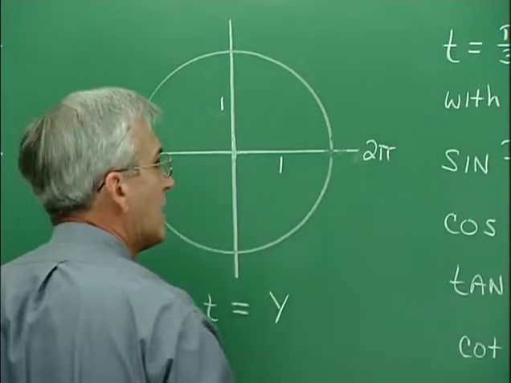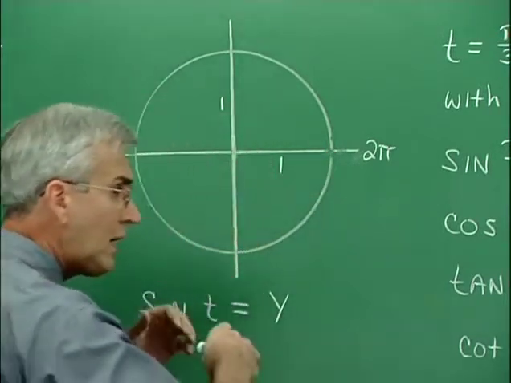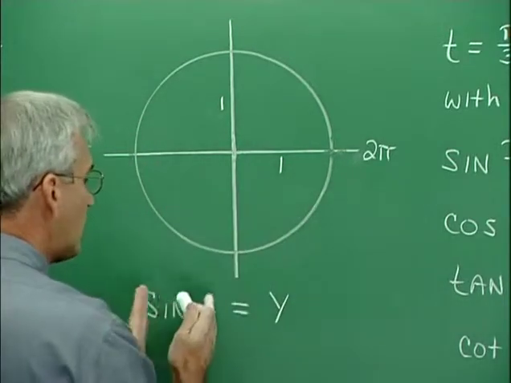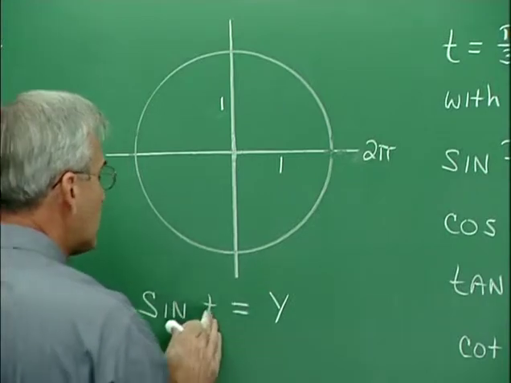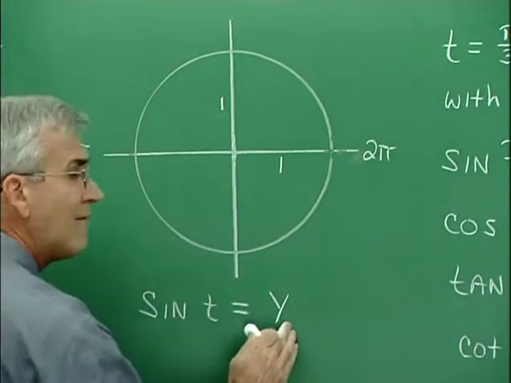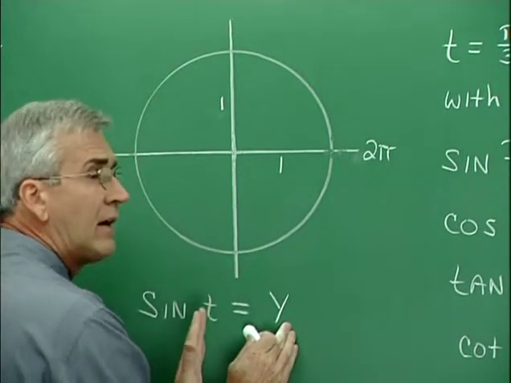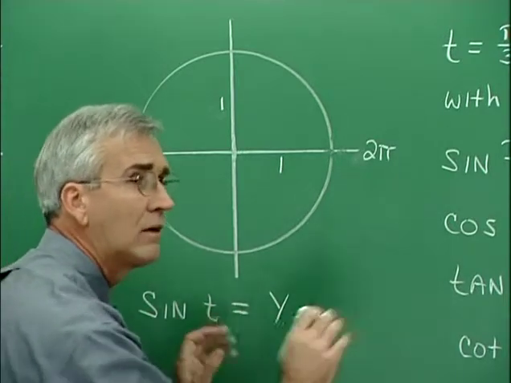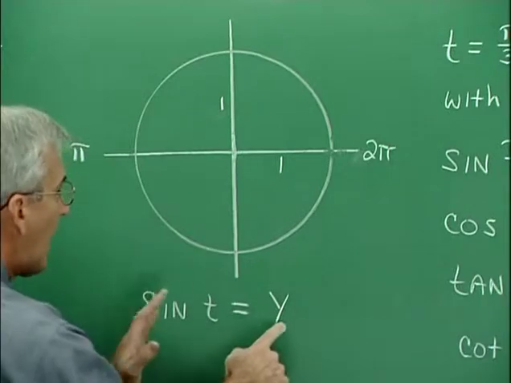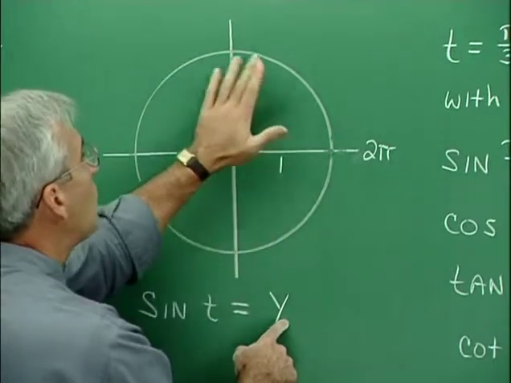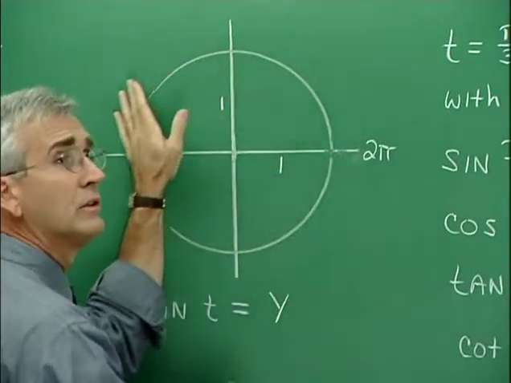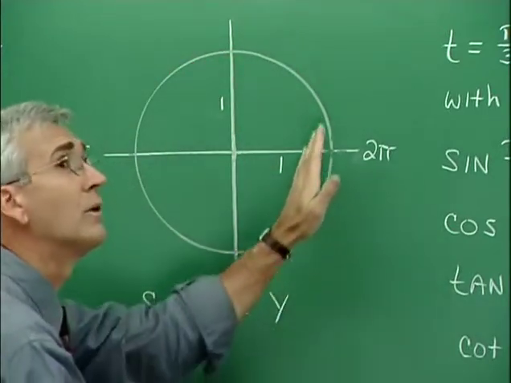Now, this idea that we are repeating the values for the sine of real numbers, as the real numbers increase in value, this y value is changing in an almost melodic wave-like form. That is, the y value is going from 0 to 1 to 0 to -1 to 0 to 1 to 0 to -1 to 0 and so on.